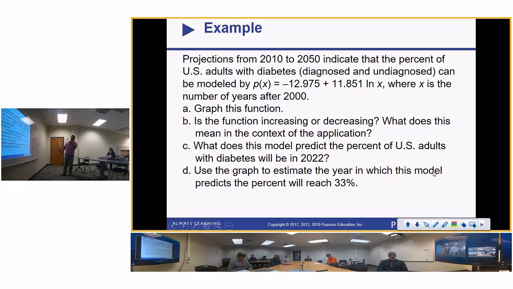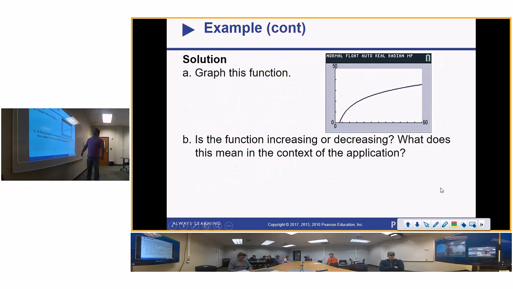So you look at x is equal to 22, and then use the graph to estimate when it will be 33%. So you look for y is equal to 33%, and you look for x. That is a test question that y'all all should be able to do. Okay, that is a graphing test question. So I'll probably see it on the homework, so we'll go over it when we go over the homework.